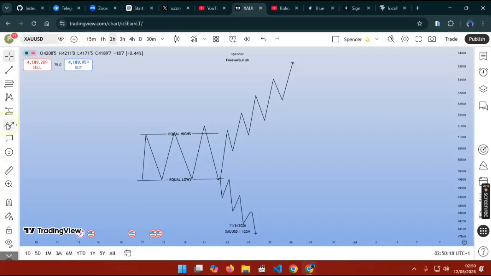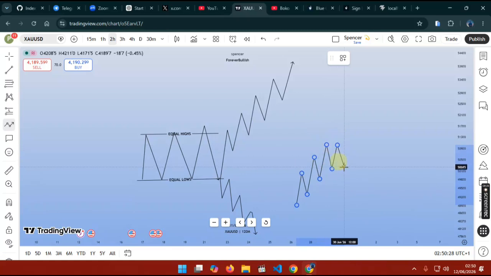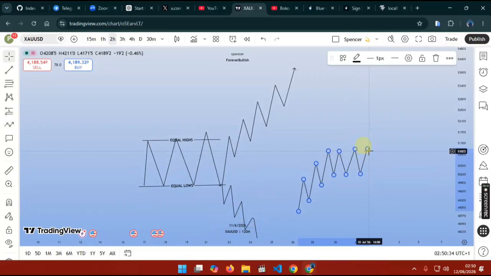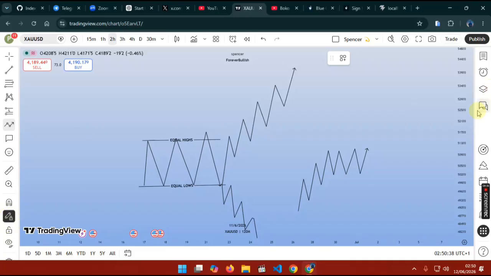At this point in time, we might have something of this nature. We might have the market creating something like this, and then the market started consolidating. After some series of consolidation, the market breaks structure and starts moving in a downtrend movement.